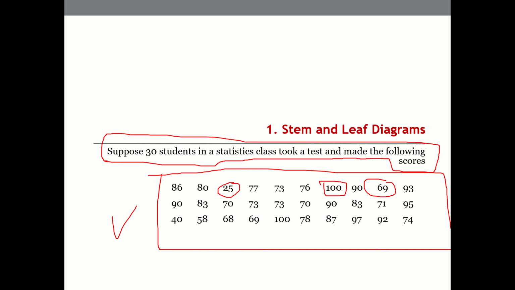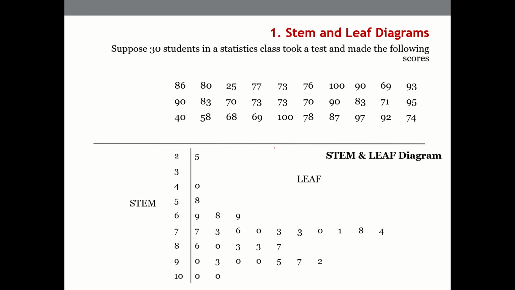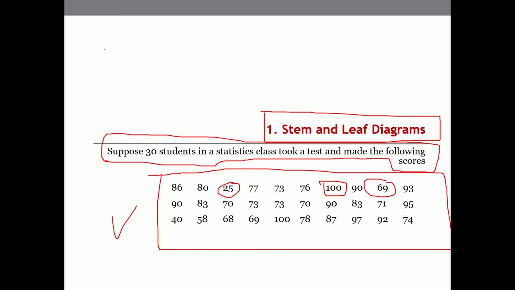So how do we synthesize this information with a stem and leaf diagram? What we do is we construct a table like this, where the stem is actually the multiples of 10.